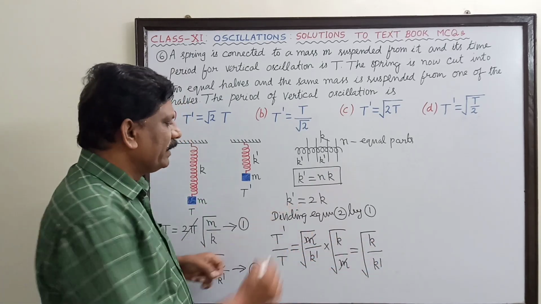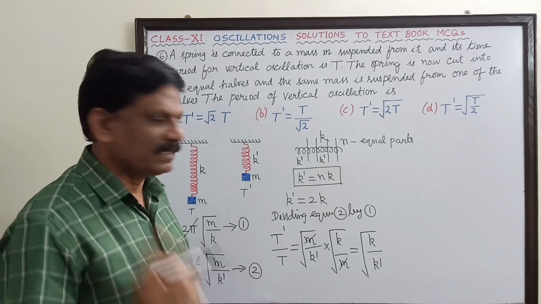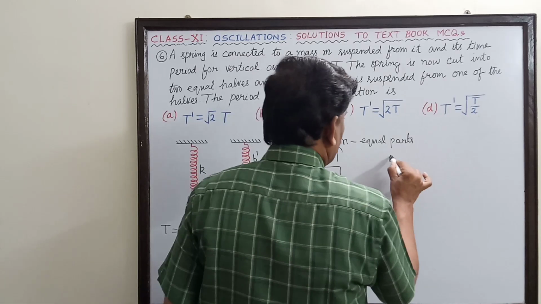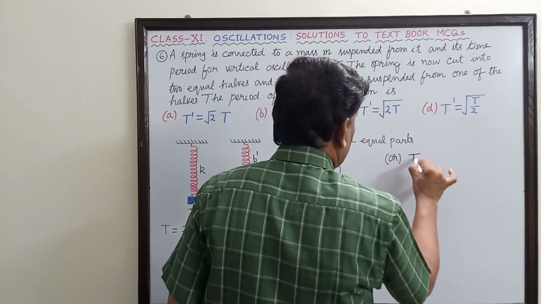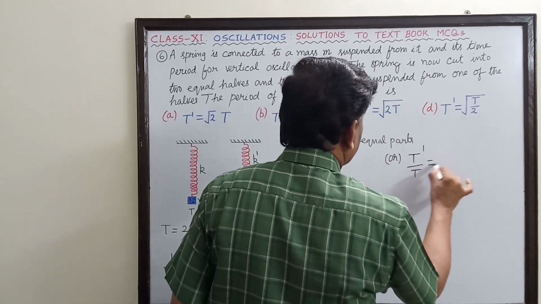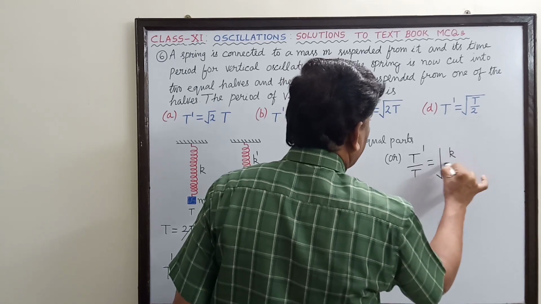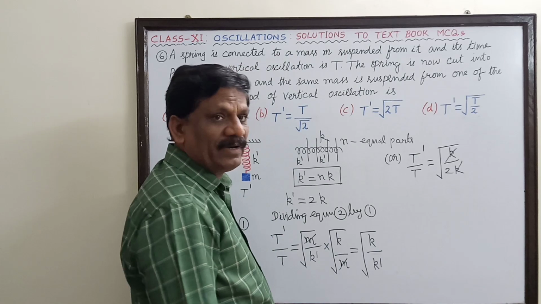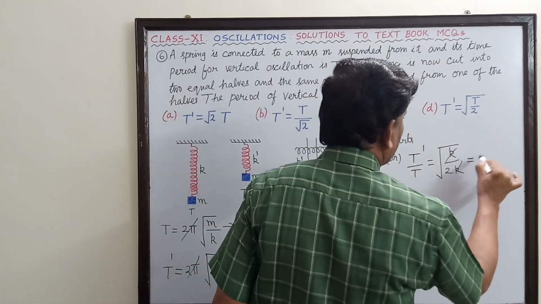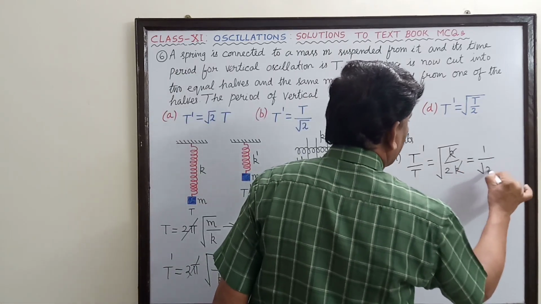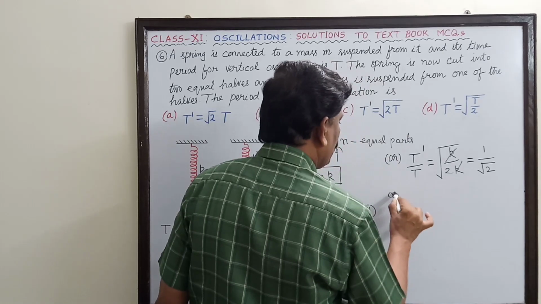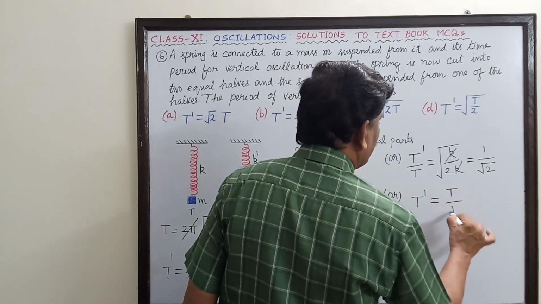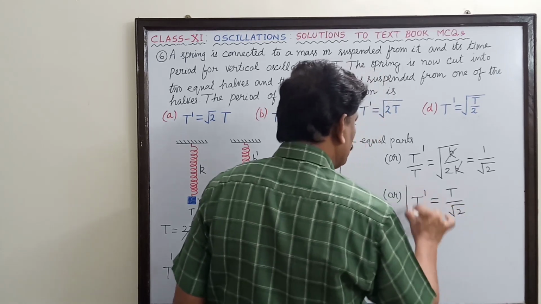But what is K dash equal to? 2K, is it not? I am going to substitute K dash equal to 2K. So T dash by T is equal to the square root of K divided by 2K, so the K term will be cancelled. So this is equal to 1 divided by root 2, or T dash is equal to T divided by square root of 2.